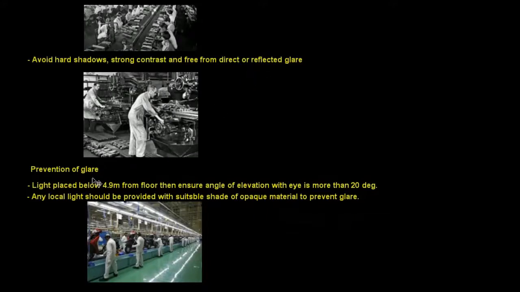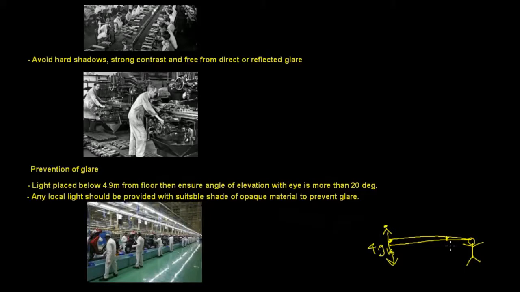Now prevention of glare. If light is placed below 4.9 meters from the floor, then ensure the angle of elevation with the eye is more than 20 degrees. Suppose work is being carried out, the person is working over here, and there is a light placed below 4.9 meters over here. This is the normal from the eye, and this is the angle which the light makes with the eye.